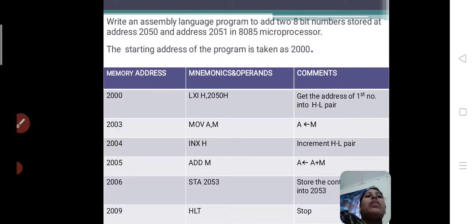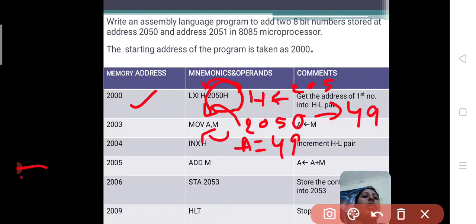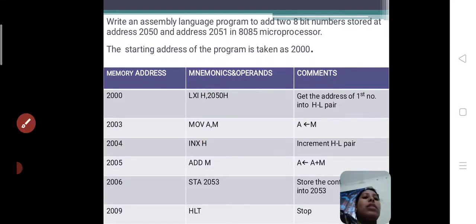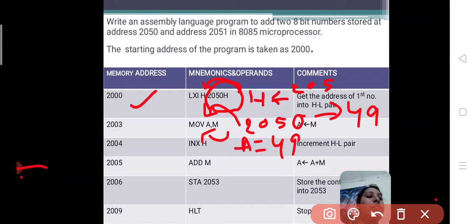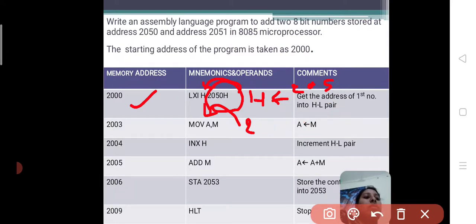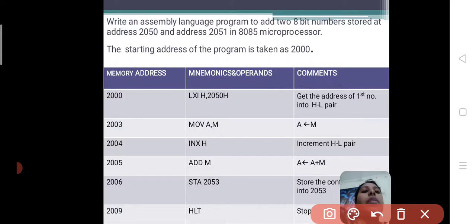Here the starting address of the program is taken as 2000, so in place of the starting address I will write 2000.